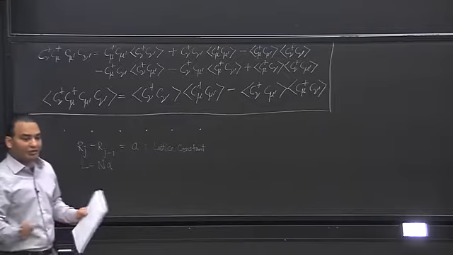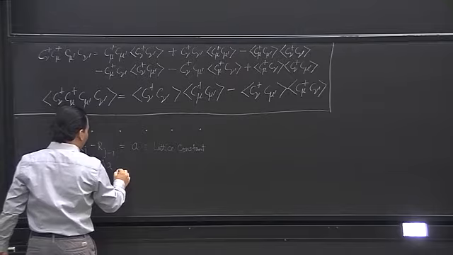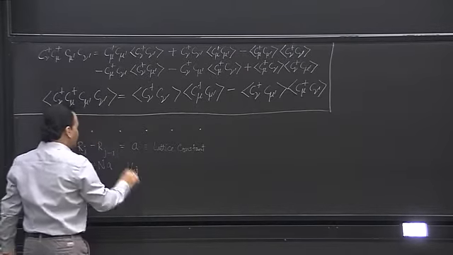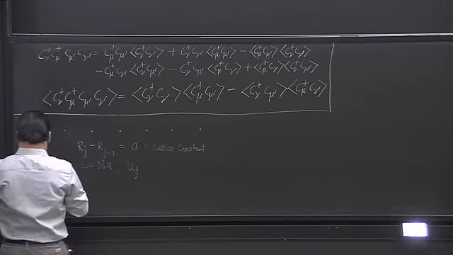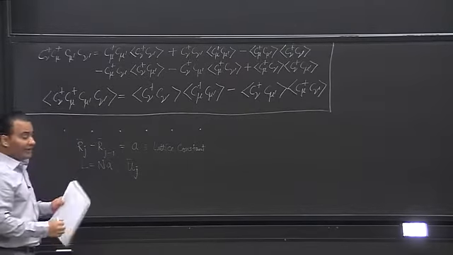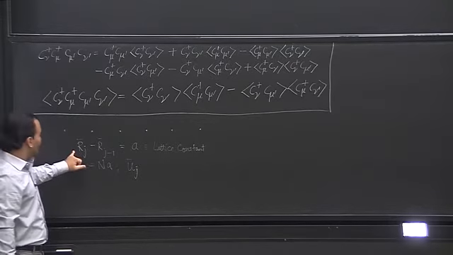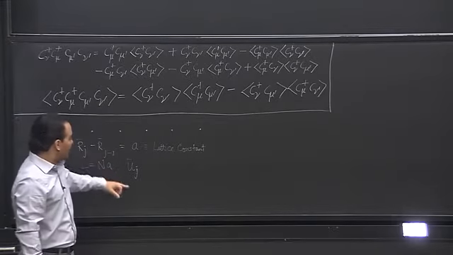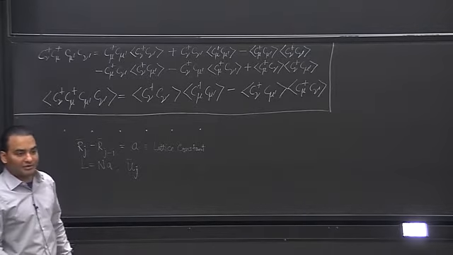The displacement of each ion is uj. So uj is the displacement. These capital R's are the locations of the ions at equilibrium, and the u's are the displacements from their equilibrium positions.